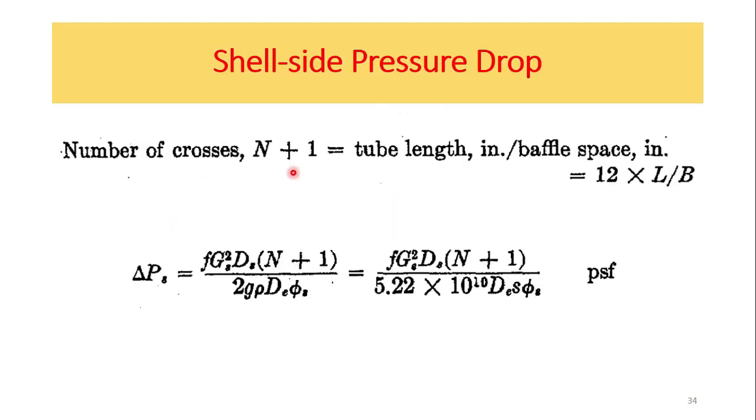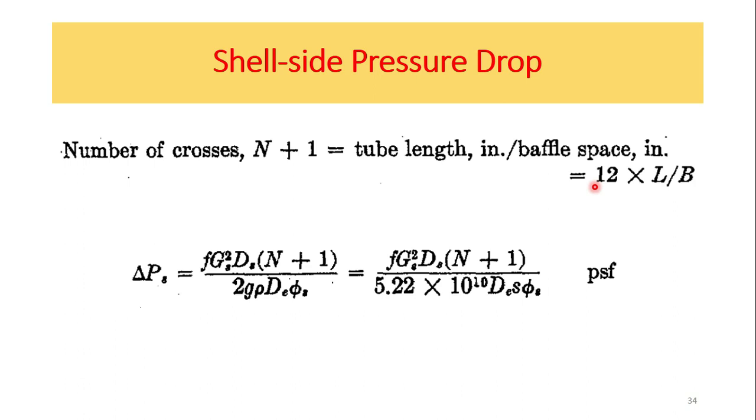The shell side pressure drop can be determined by using this formula. The number of crosses can be determined by using this formula: the tube length divided by the baffle spacing, and this 12 is the conversion factor from inch to feet.